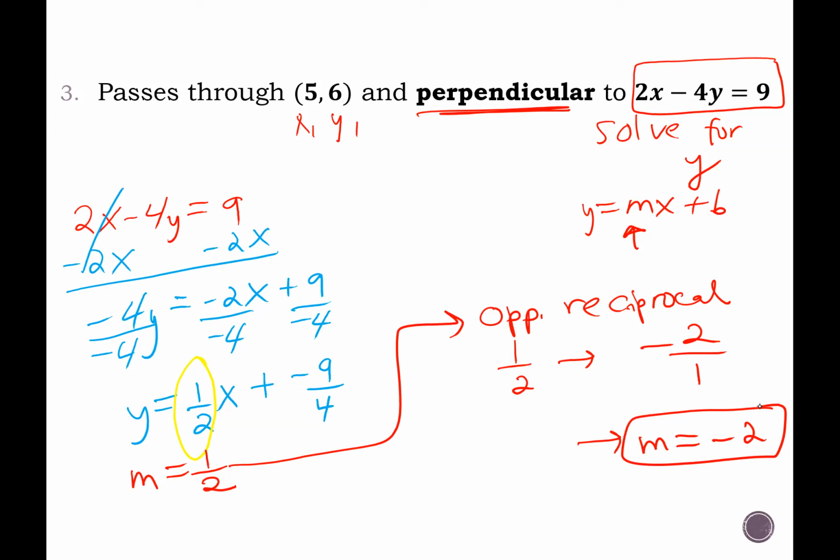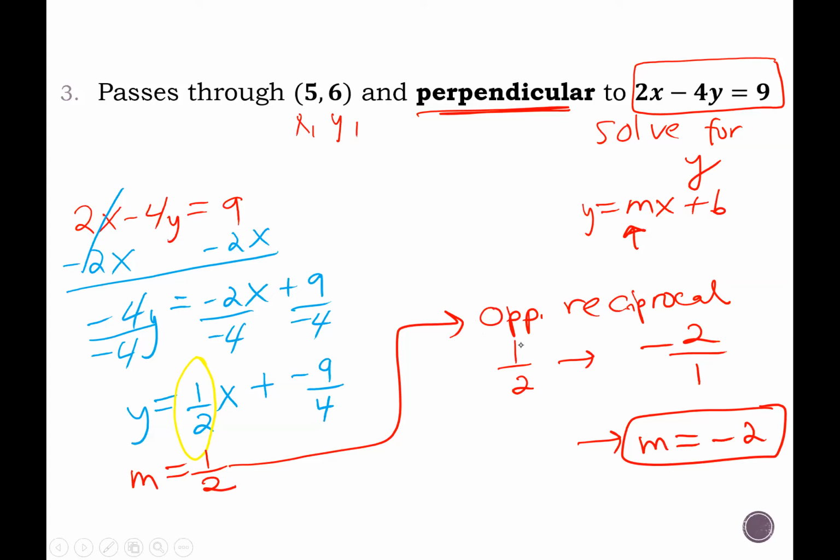So here's what we've done so far. All of that work was to figure out our value of m. It was to figure out our slope for our line. Okay, so we started with that equation 2x minus 4y equals 9. We worked on solving for y. We got y equals 1/2 x plus -9/4. The 1/2 was the slope of that line, but our slope needed to be the opposite reciprocal because we are trying to write an equation perpendicular to this line.